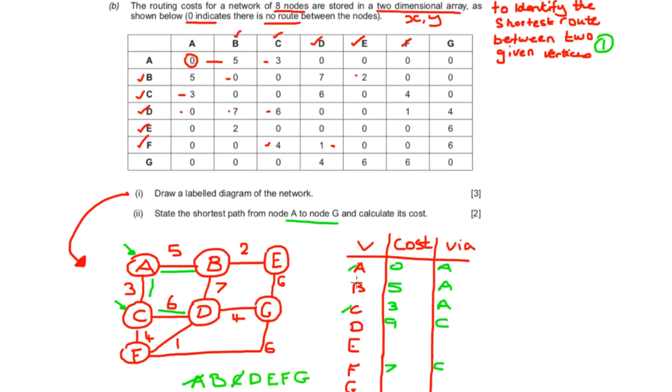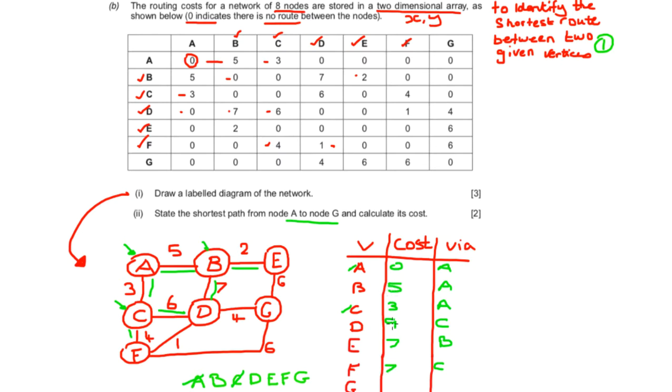I'll go back to my table and check which node I haven't been to yet that has got the lowest cost. And the next node is B. B has two options here. B can look at E for a cost of 2 plus the previous 5 to get to B. So I can get to E for a cost of 7 via B. Then it looks at D for a cost of 7 plus the previous 5 to get there for a total cost to get to D of 12.